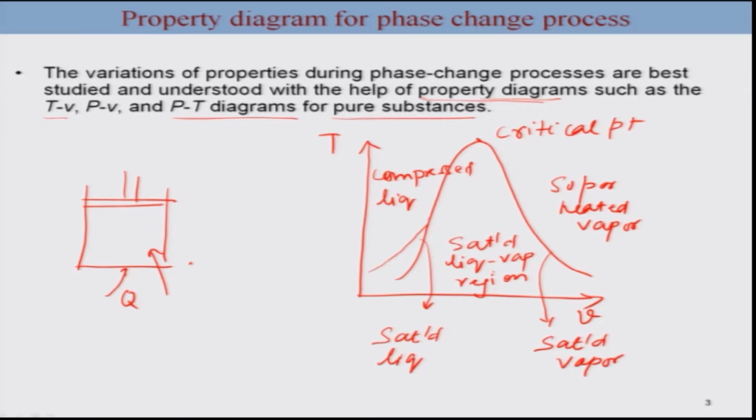remains constant, and until the point it reaches the saturated liquid line, it remains a compressed liquid, and here at this point it starts vaporizing until we reach the saturated vapor line, and until this point the temperature remains constant.